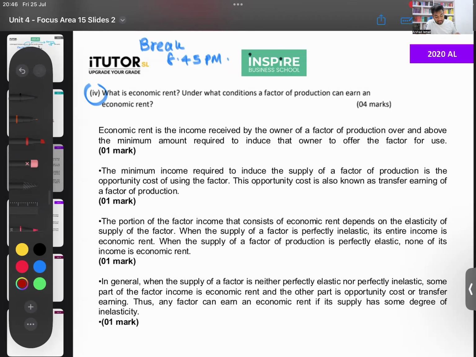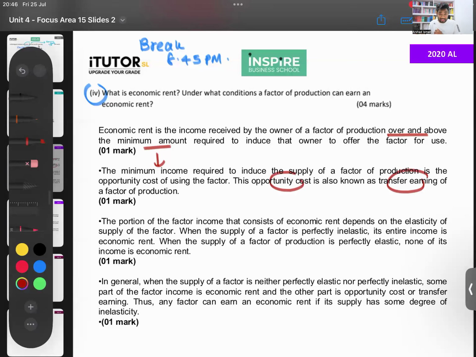Economic rent is the income received by the factor owner over and above the minimum amount that you need. What is the minimum amount that you need? The minimum amount that you need is what you call your transfer earnings, or the opportunity cost of supplying that factor. That is the minimum.